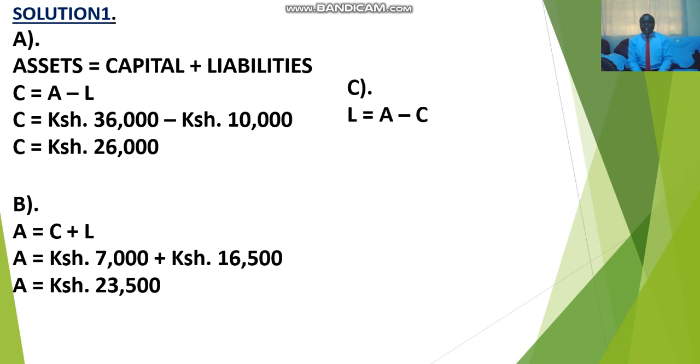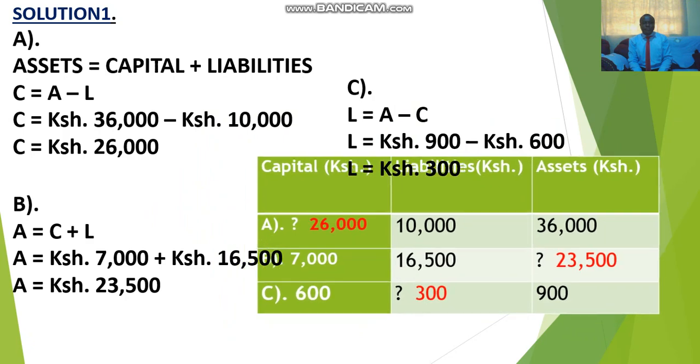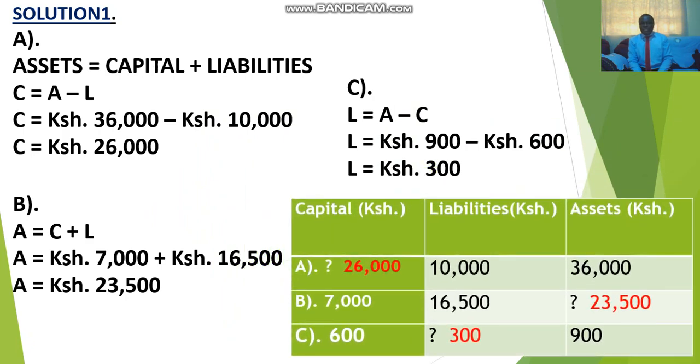So we have liabilities equal to A minus C. So liabilities, that is 900 shillings minus 600 shillings. So liabilities equal Kenya shillings 300. Now this is illustrated in the table below. You can see the spaces provided have been filled.